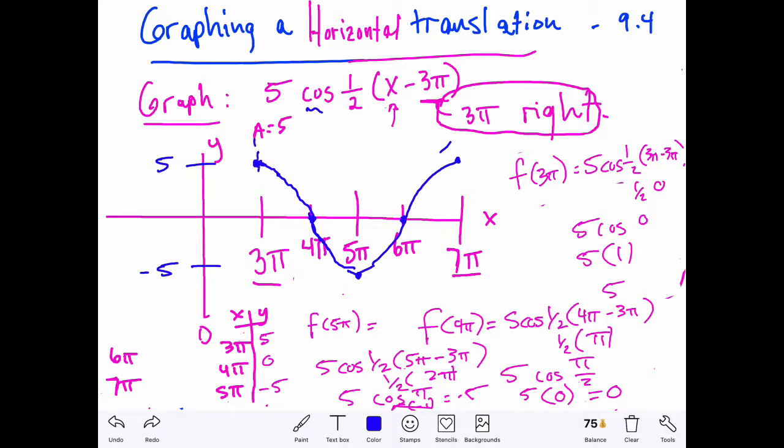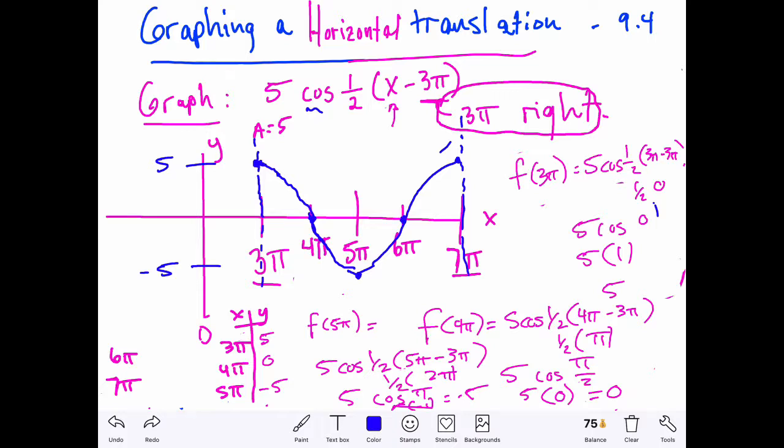Okay, and now notice I went from 3 pi here to 7 pi. I didn't start at 0. I started at whatever that horizontal translation was. And then again, I took my period, I divided it in 4 parts, and then I added that amount to my starting value of 3 pi to find my intermediate locations.